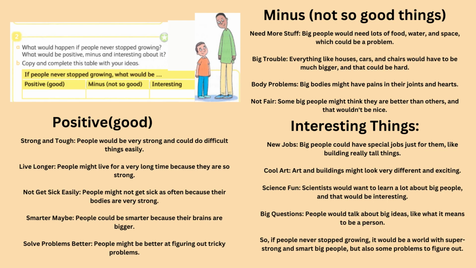Big question. People would talk about big ideas like what it means to be a person. So, if people never stop growing, it would be a world with super strong and smart big people, but also some problems to figure out.